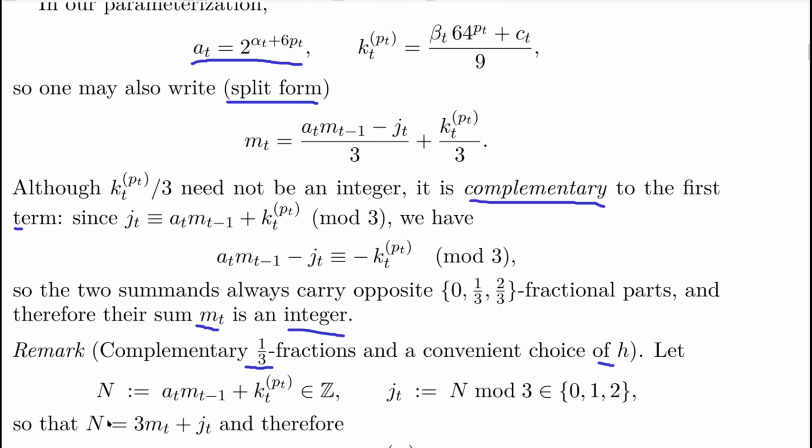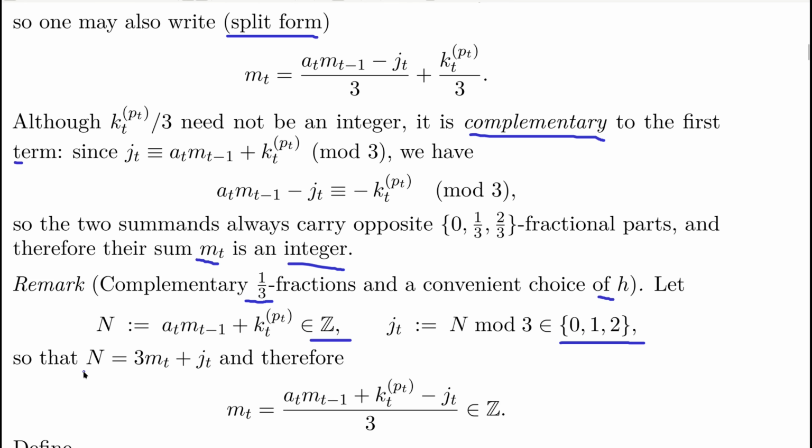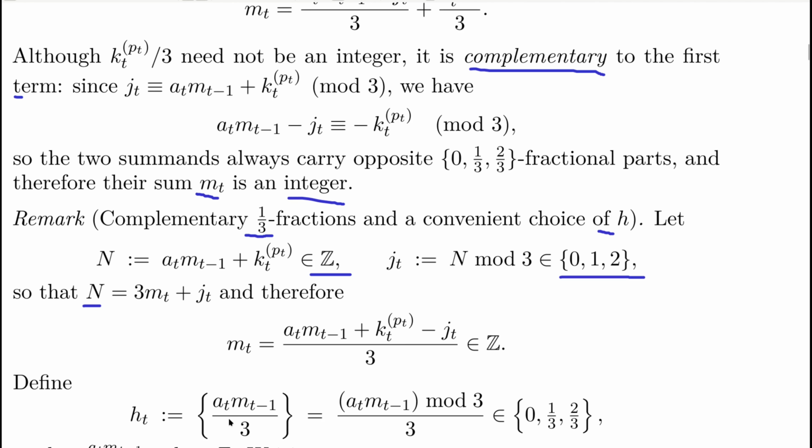Let n be defined as at mt minus 1 plus kt pt, an integer, and jt is defined as n mod 3, any one of 0, 1, and 2, so that n equals 3mt plus jt, and therefore mt equals at mt minus 1 plus kt pt minus jt all over 3, an integer.